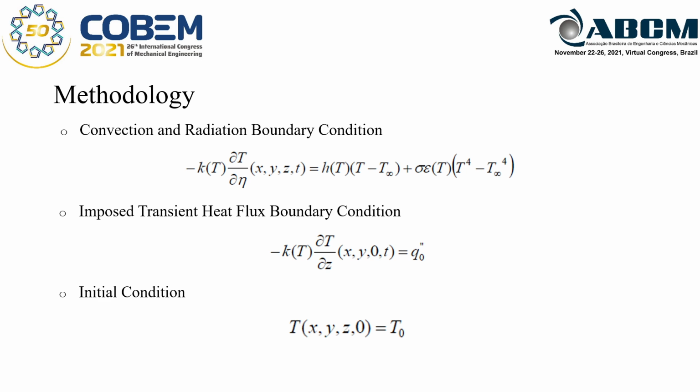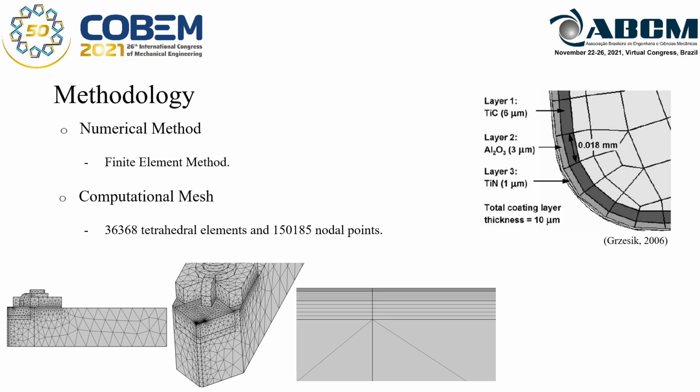They were the convection and radiation boundary condition and the imposed heat flux boundary condition, as shown in the slide. In addition to these, there is also the initial temperature condition, which is a prescribed temperature that is constant for the three bodies, or four in the case with coating, so that they are all in thermal equilibrium.